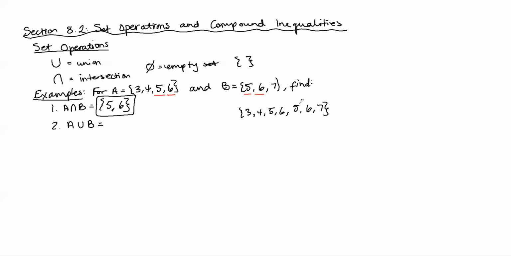So since we have two 5s, I'll just get rid of one of them, and we have two 6s. So the union is everything in both sets, from the smallest number to the largest number. So the union here is 3, 4, 5, 6, and 7. So let's write this over here: 3, 4, 5, 6, 7. So think union, joining together; intersection is the overlap.